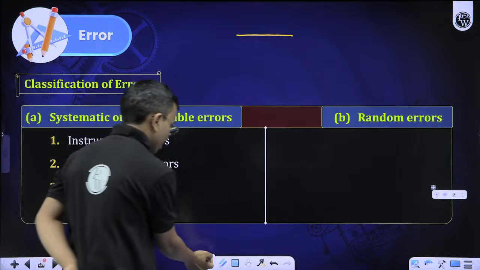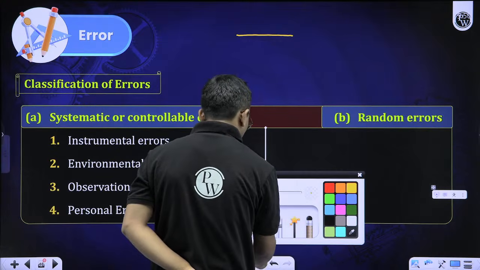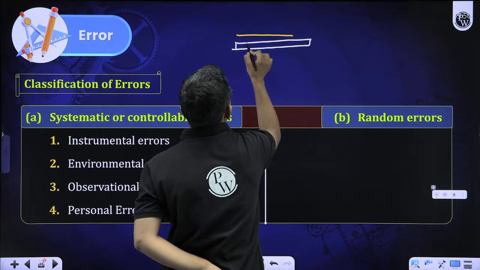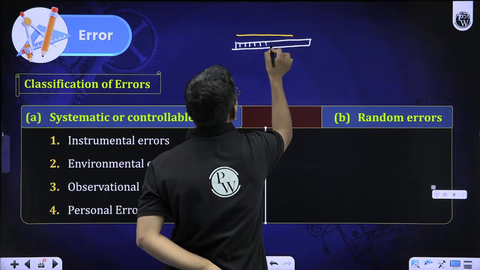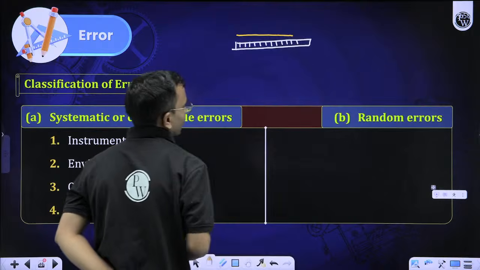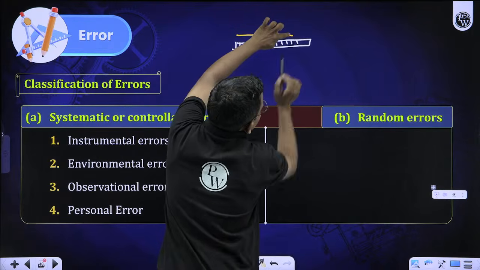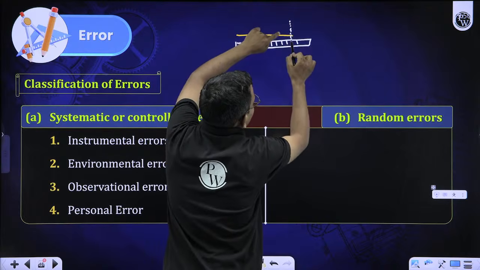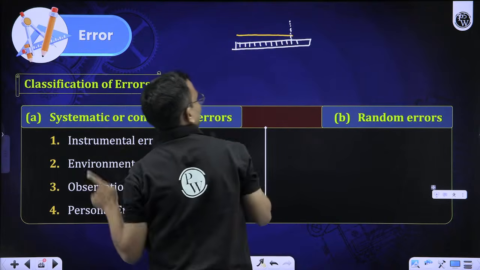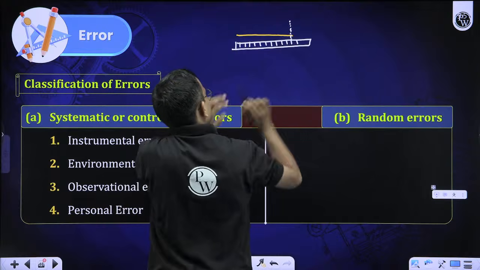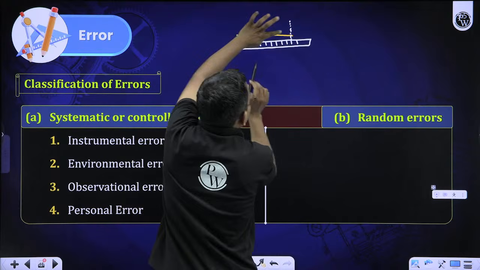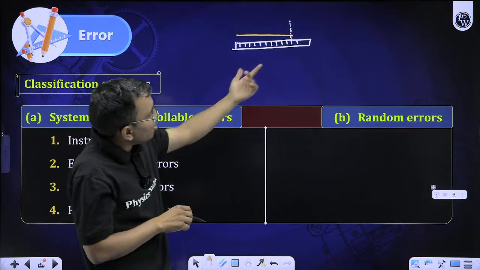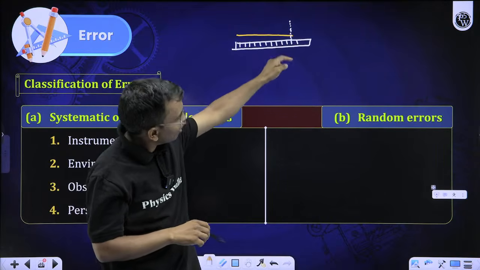You will take a scale with numberings 1, 2, 3, 4, 5, 6, maybe in centimeters. The length comes till here, and you say this mark is matching here, so this is the length. But is that correct? No, it is still proceeding further. So what is the limitation? That limitation is in the scale, it should have further markings.